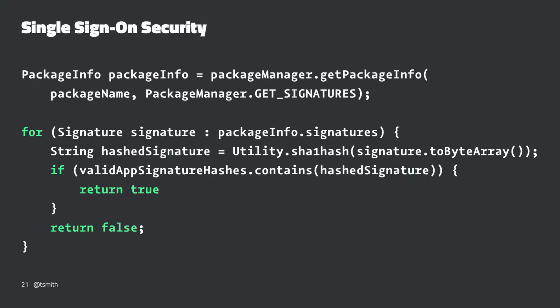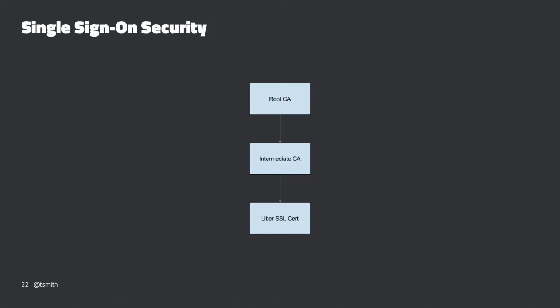Now, if you look back here, when we say get signatures, this gets an array, signatures. And so you have a number of signatures that are coming back from the APK. So what those signatures are is the public signature for every one of these.